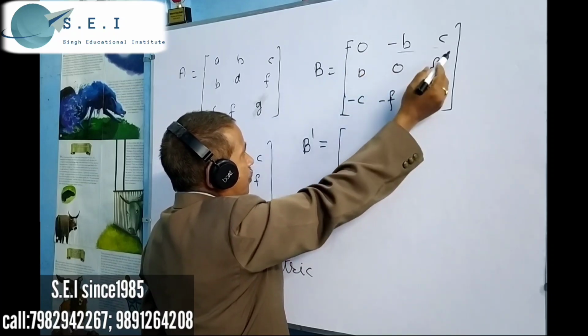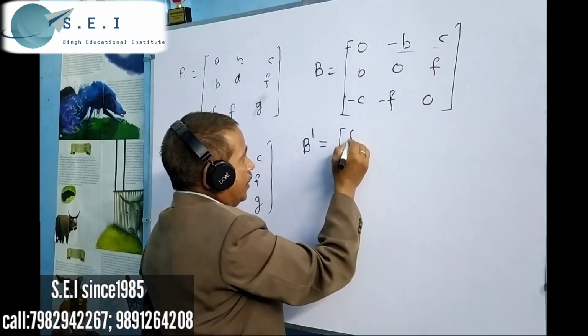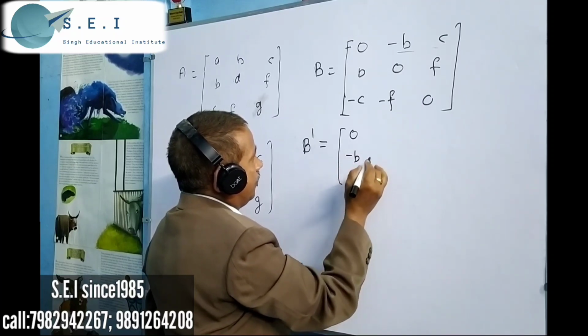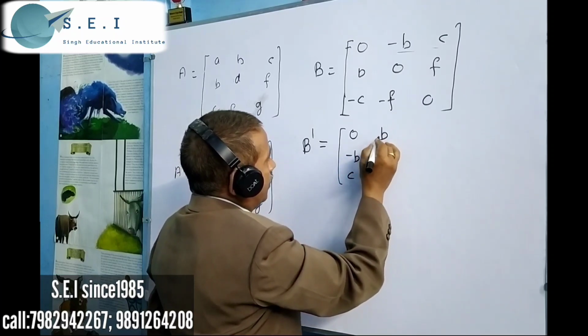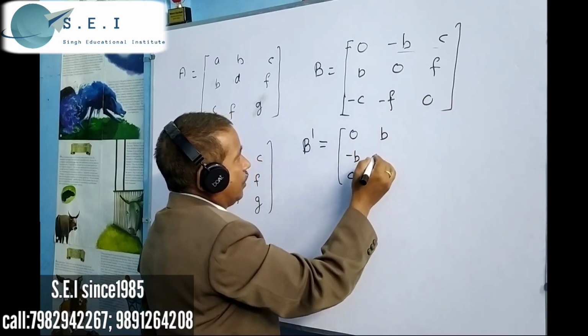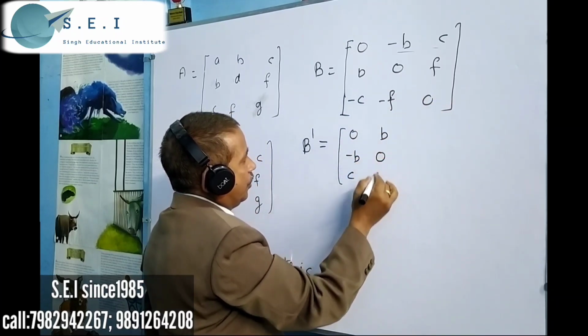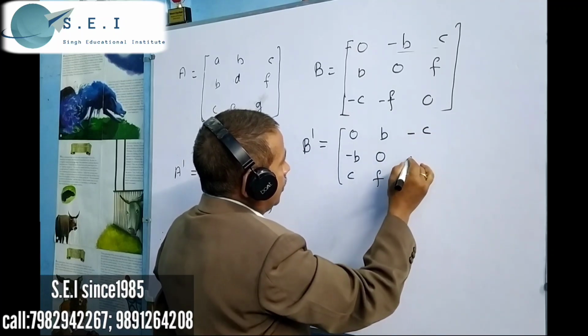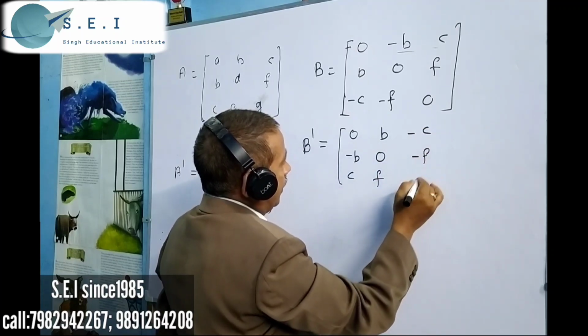Therefore, the first row is converted into the first column. It is 0, negative b, and c. The second row is converted into the second column: b, 0, f. The third row is converted into the third column: negative c, negative f, and 0.